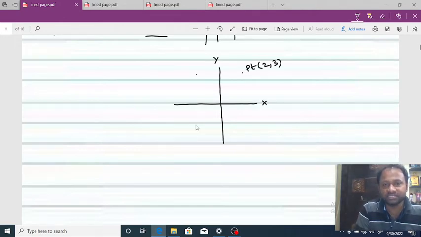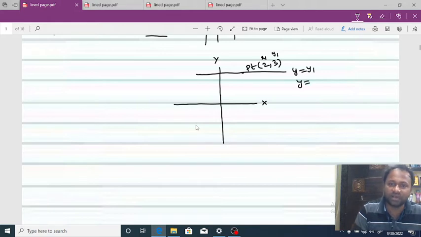This is the horizontal line which passes through the point. As I said, this is x1 and this is y1. The equation of a horizontal line is y is equal to y1, so y is equal to 3, or we can say y minus 3 is equal to 0.